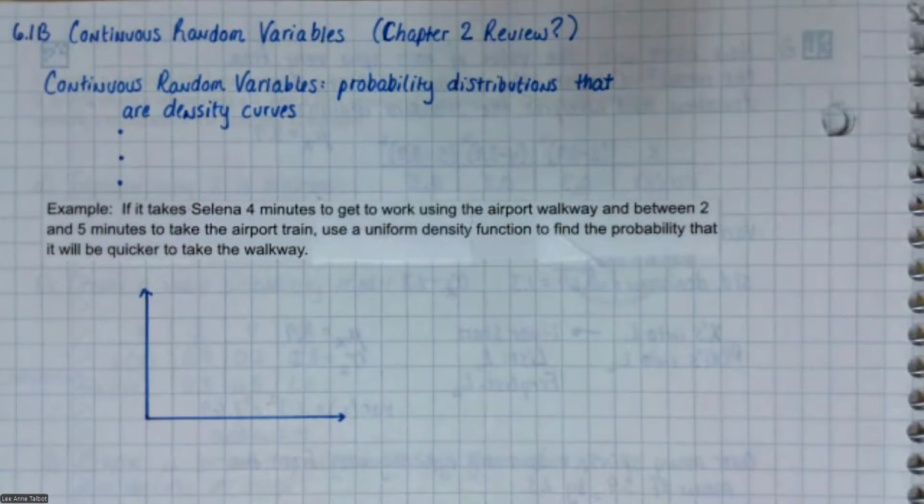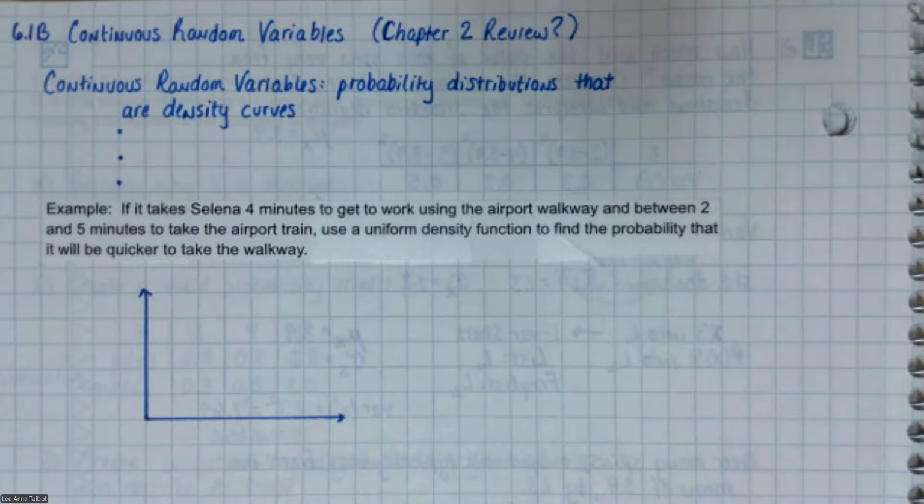Okay, and this should make sense to you because back in chapter 2, I told you that all density curves have to add up to 1. Do you remember that? So, do you guys remember me saying that? So underneath the normal curve has to add up to 1. Underneath the rectangle has to add up to 1.